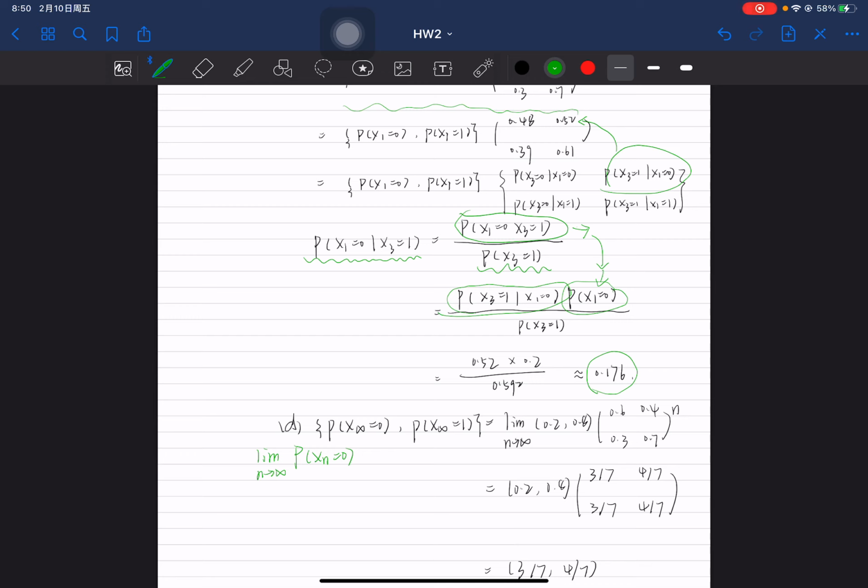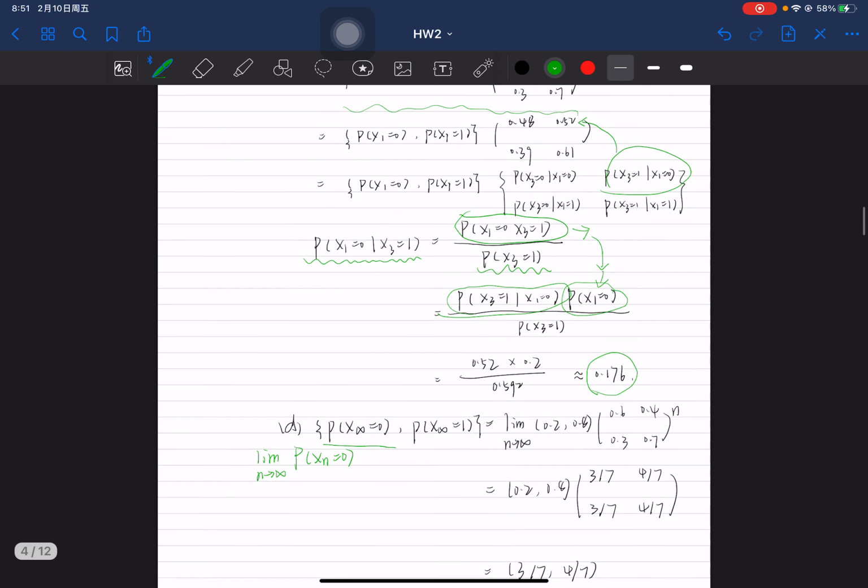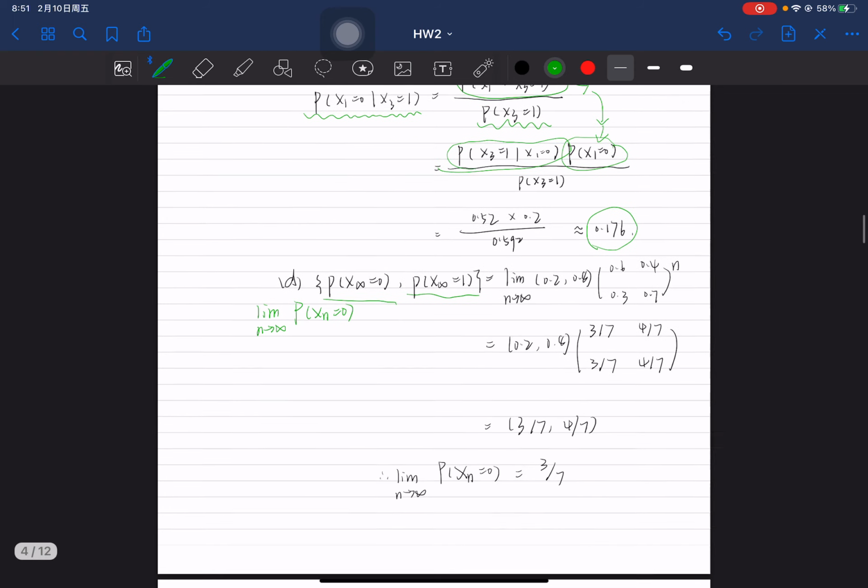In the above questions, we could find the matrix of the probability of x infinity equals 0 and the probability of x infinity equals 1. Therefore, the limit of the probability of xn equals 0 as n approaches positive infinity should equal 3/7.